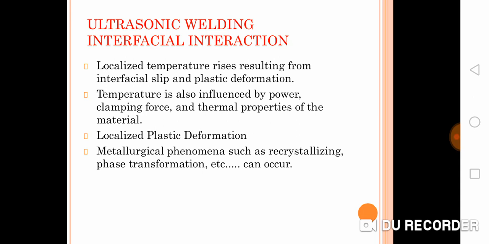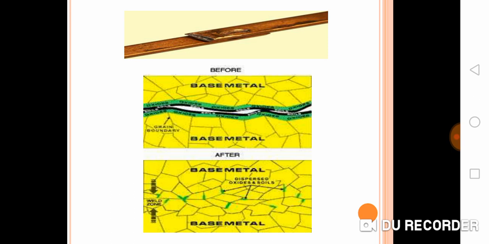This temperature is influenced by the power, clamping force and the thermal properties of the materials. As a result of this localized temperature rise, localized plastic deformation happens, again in the localized regions where it directly comes in contact with the vibrations. Now here you can see one spot joint being formed. Then in the lower figures, the first figure shows the material before the welding.